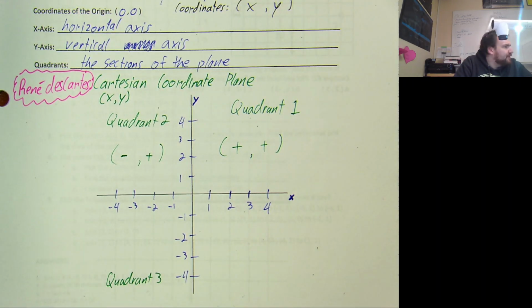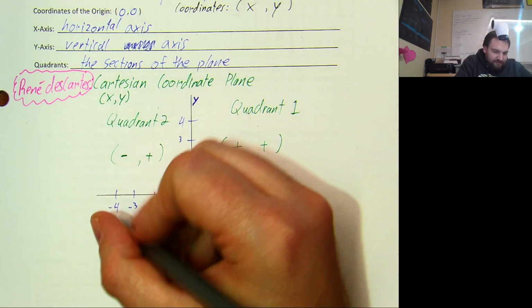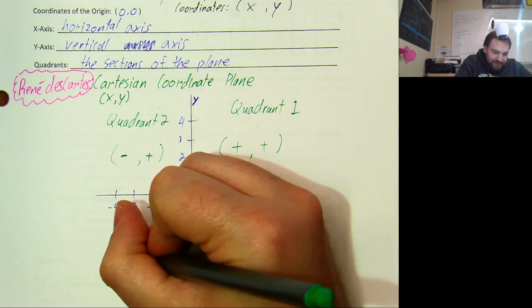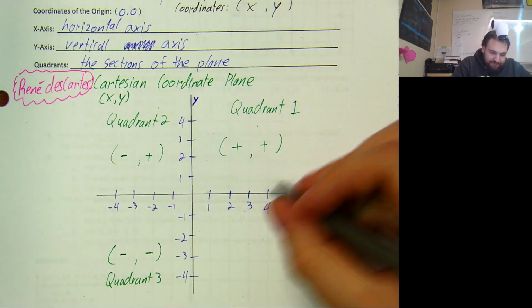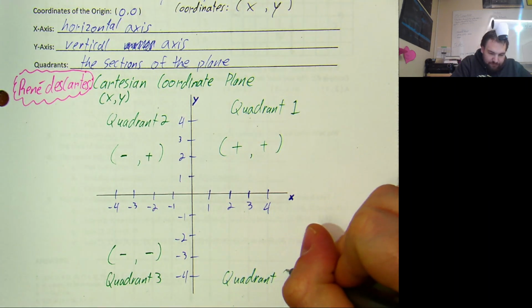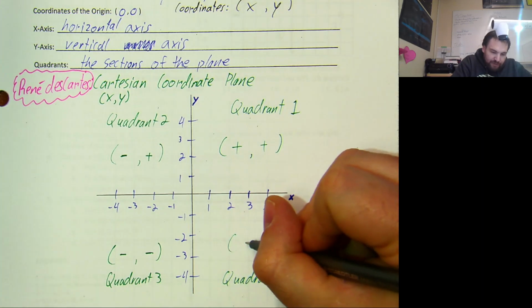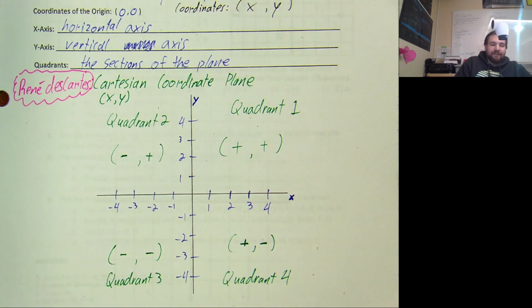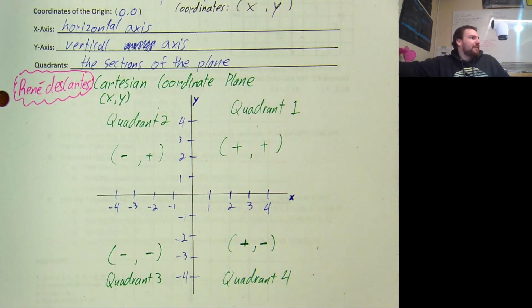I know, it's always bothered me too, but it's the way it is. Where this is negative and negative. And in quadrant 4 we've got a positive and negative going on there. So this is the XY plane. This is really boring. Let's spice it up a little bit here.